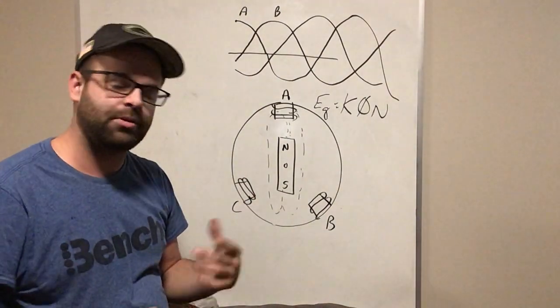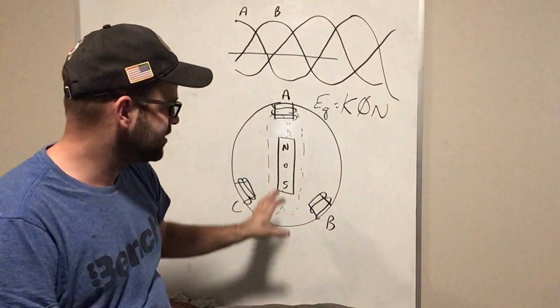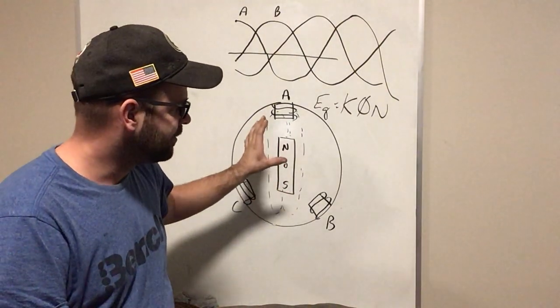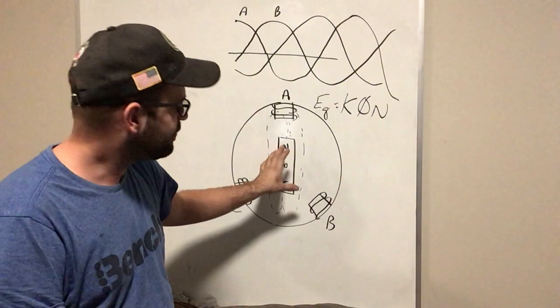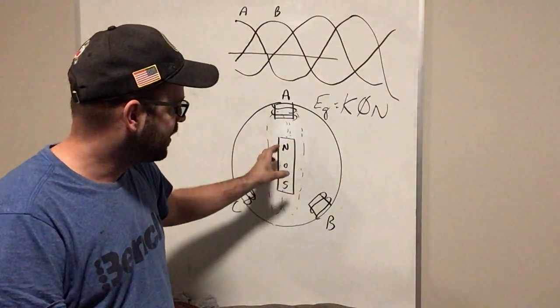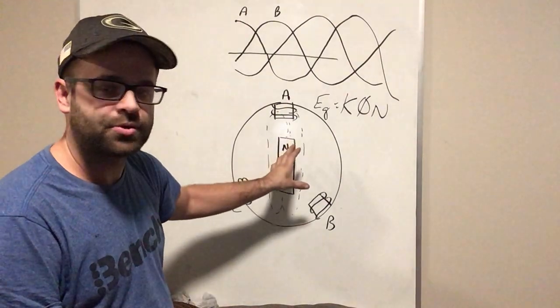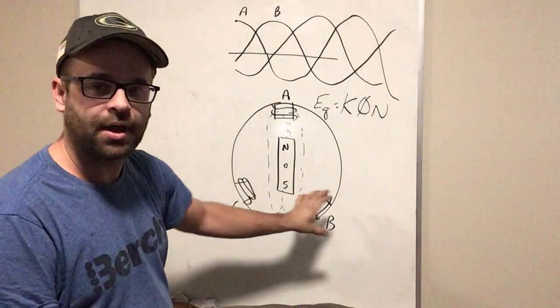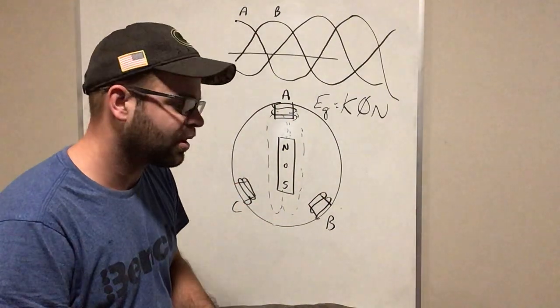So when we refer to 120 degrees out of phase, it is with respect to the magnet that's spinning around in the alternator, when it cuts through those coils to produce a voltage, those voltages happen 120 degrees apart.